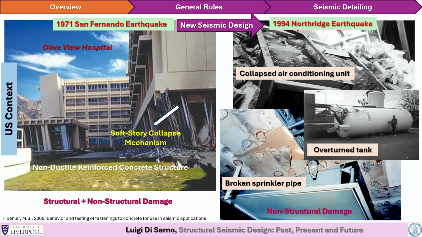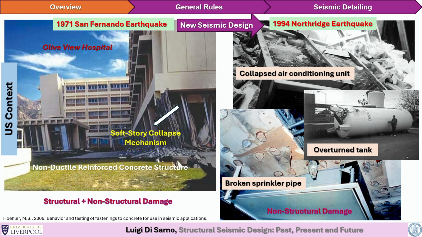The reason why I'm showing this specific building is because this is a critical facility. It was a hospital. The building was stiff enough on the top part, but weak at the bottom. Typically, there had been a belief that structures with a soft story could behave better. That was Corbusier's invention, for example, flexibility. But flexibility does not always work.